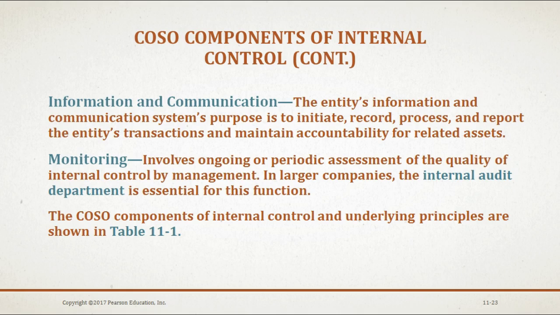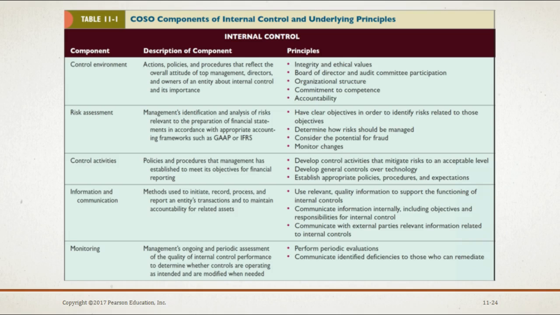The COSO components of internal control and underlying principles are shown in Table 11-1, which will be on the next slide. In here, we have a summary of the COSO components of internal control and the underlying principles which we have just discussed.